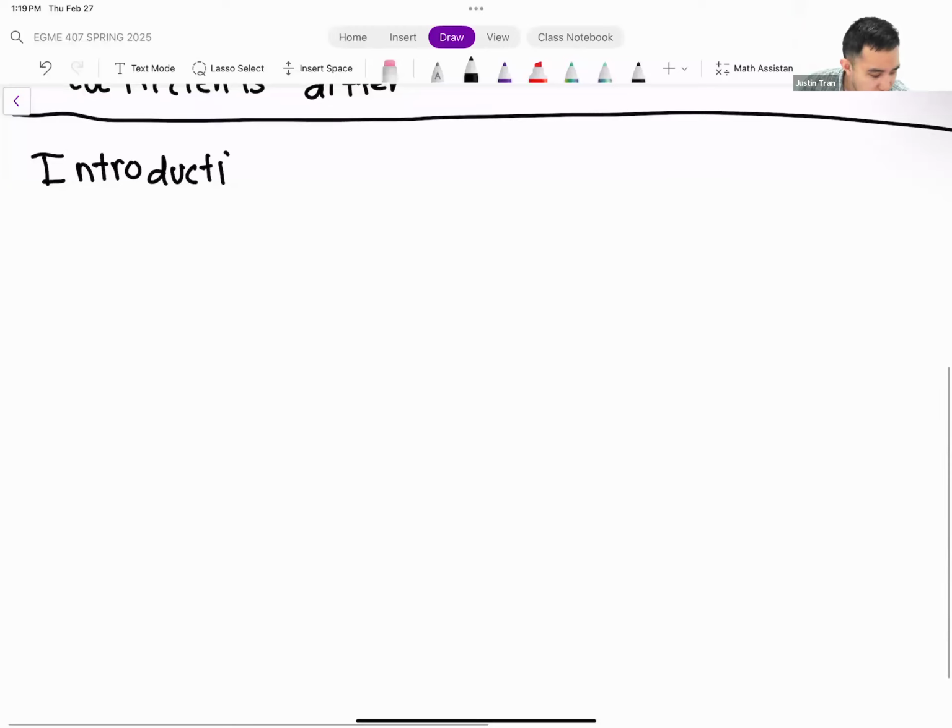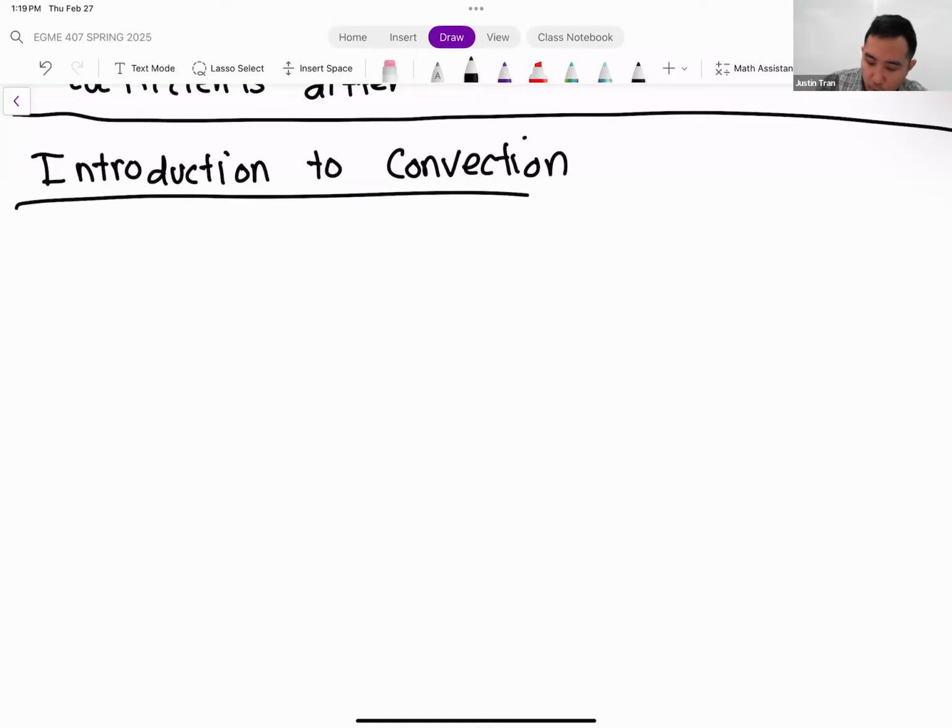All right, so the title of these notes is Introduction to Convection. Which sounds strange because we've already been introduced to convection. We've been using it. But do we really know convection? We're going to see today.